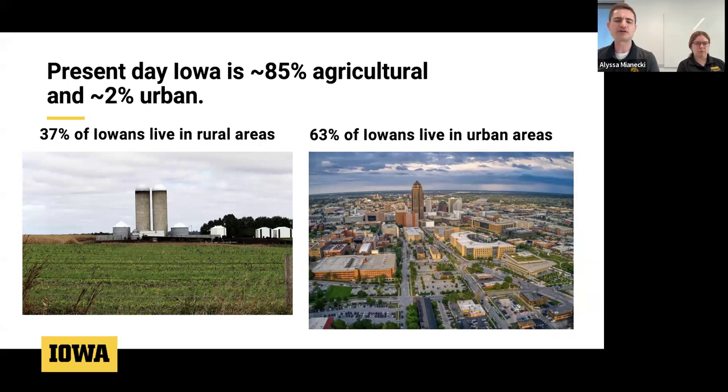And we see some pretty distinct trends when it comes to where people are moving to and moving from. So, many rural communities in Iowa are declining in population or maintaining relatively stagnant levels of people living there. Urban centers tend to be growing and getting more people. So, again, we have these demographic trends that don't really mirror some of the overall land use that we have within the state.